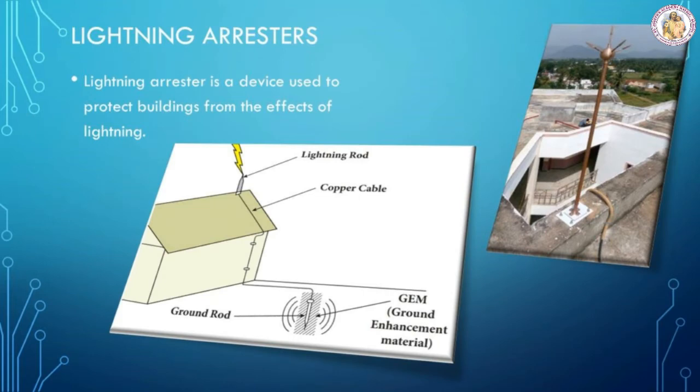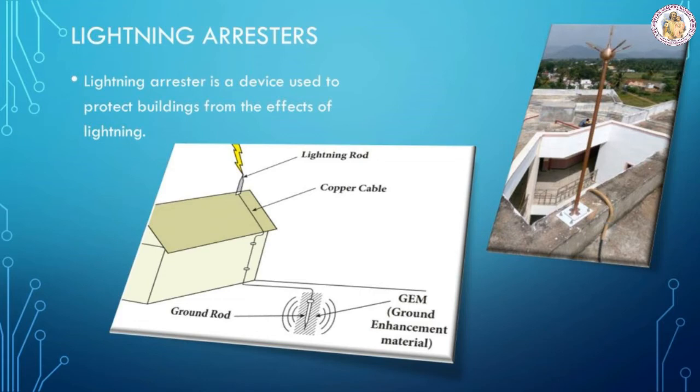Lightning arresters. Lightning arrester is a device used to protect building from the effect of lightning. Lightning conductor consists of a metallic lightning rod in the form of spikes that remains in air at the top of the building. Major portion of the metal rod and copper cable are installed in the walls during its construction.